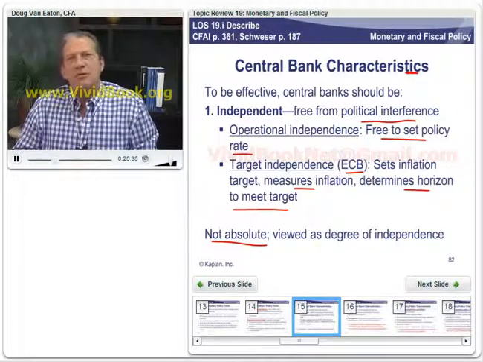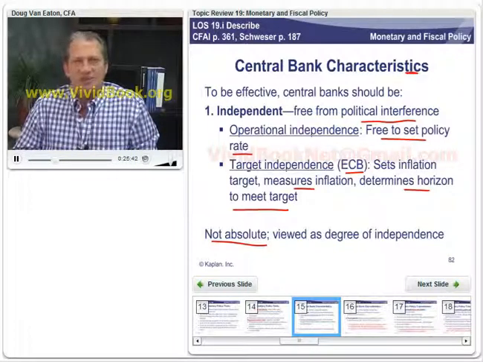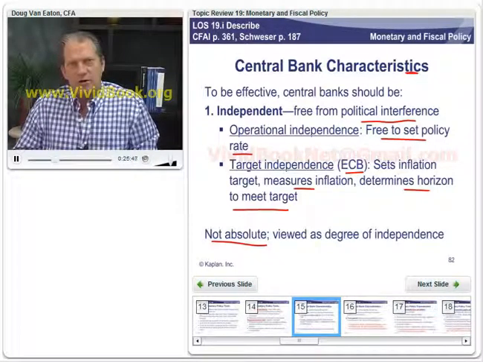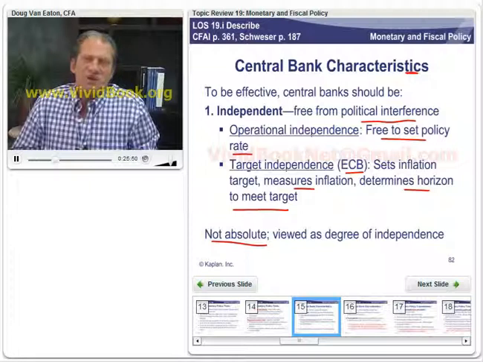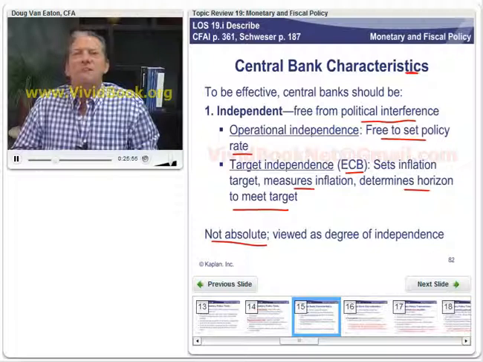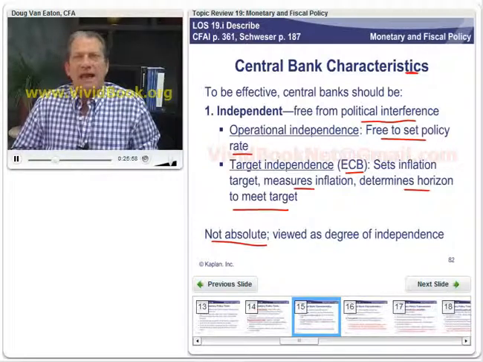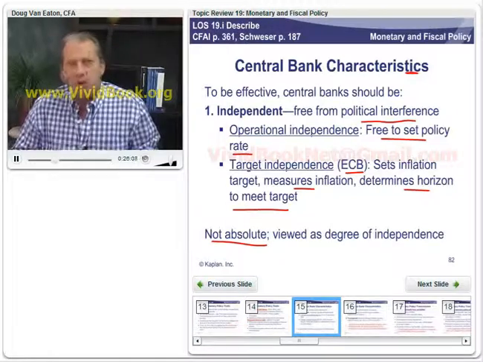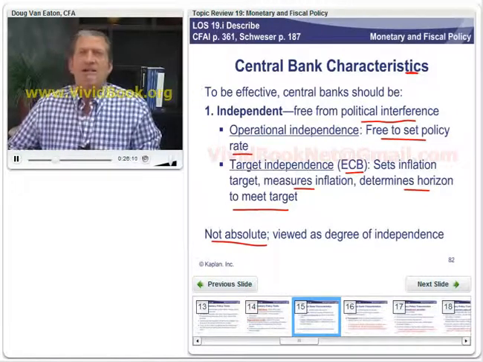And do they also have target independence? If the politicians, the governments are setting the inflation target and doing the measurement and all that, they don't have target independence and would have to set the policy rate to support the government target. But ideally, the central bank will have both operational and target independence.